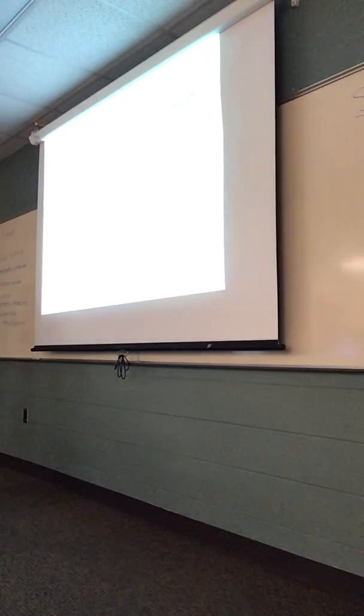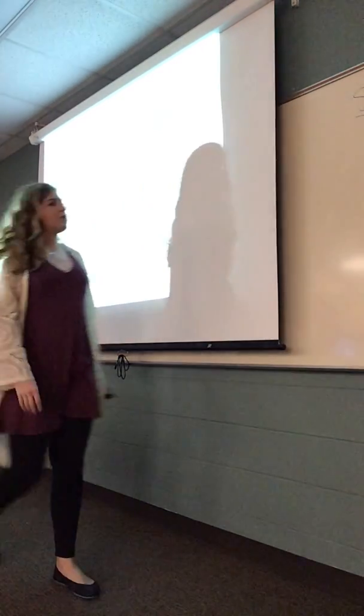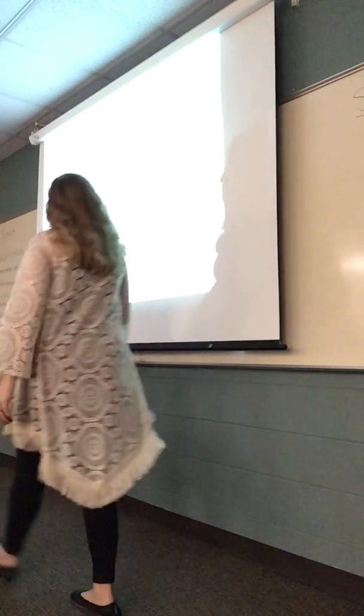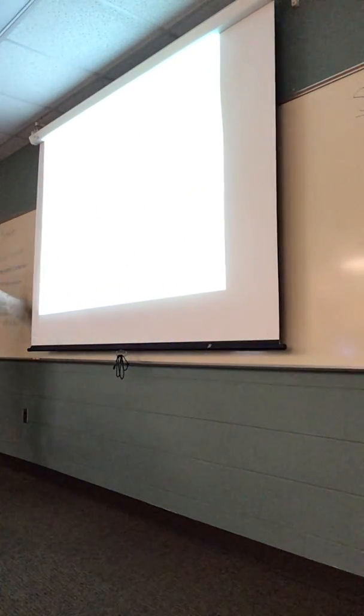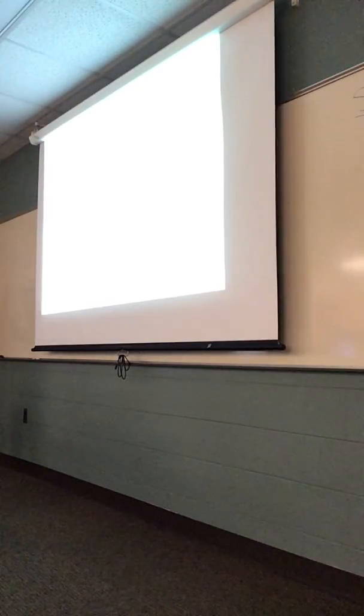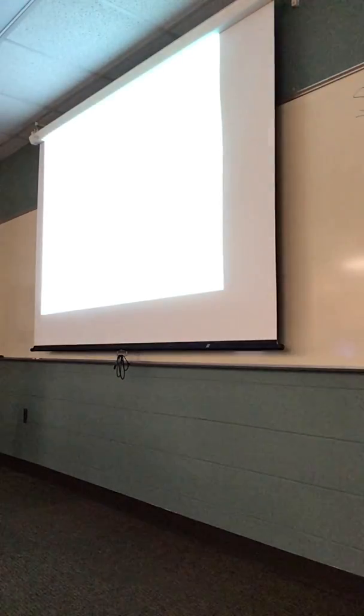Building on what we had over here, our stroke volume is equal to the end diastolic volume minus the end systolic volume. Cardiac output is the volume of blood ejected from either ventricle each minute.